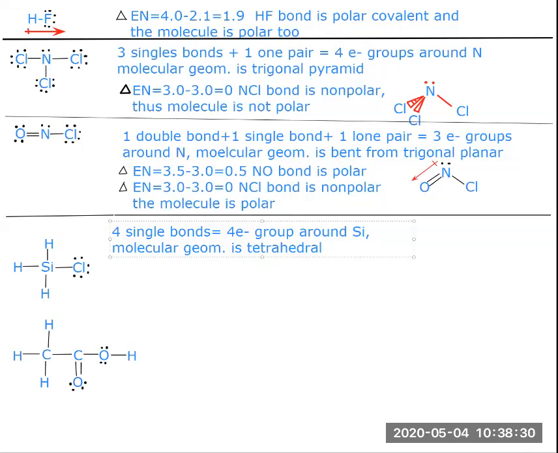And you always place one of the bonds that is in the plane straight up, vertical, from the central atom up above it. So we'll place silicon here, Si, and hydrogen above.